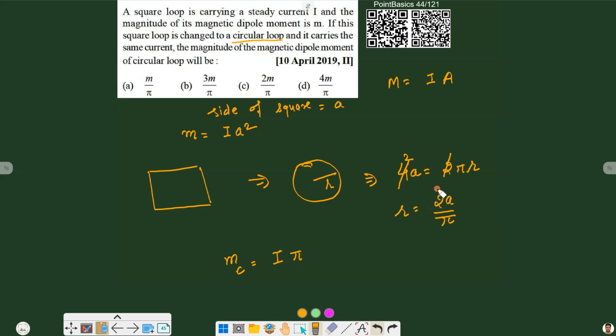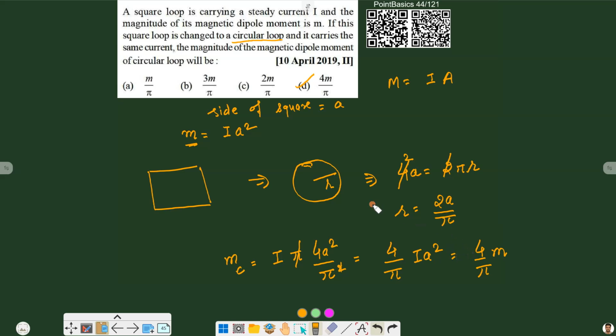So pi and the square of this term, 4a square by pi square, so pi square gets cancelled, so 4 by pi into I a square. So 4 by pi as it is, and I a square is equal to small m. So that's how option D will be the right answer, and we can see that the magnetic moment has increased.